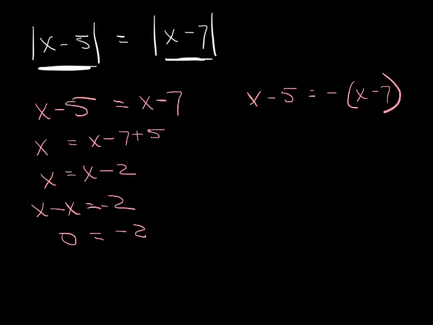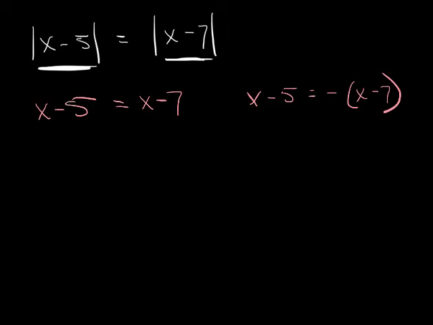So that's just kind of a waste of time to do, because when you know that one number is x and the same number over here is x, then these two are going to be equal to each other. So what it's saying is that negative 5 equals negative 7. Is that a true statement? Absolutely not. So therefore, this is not a possible solution.